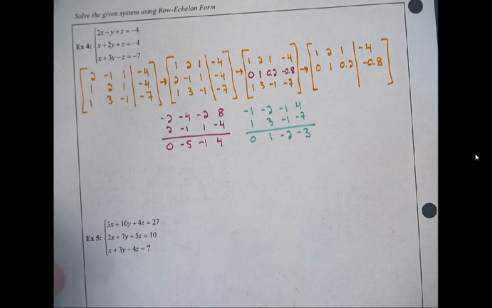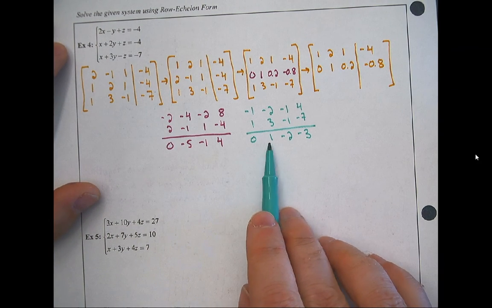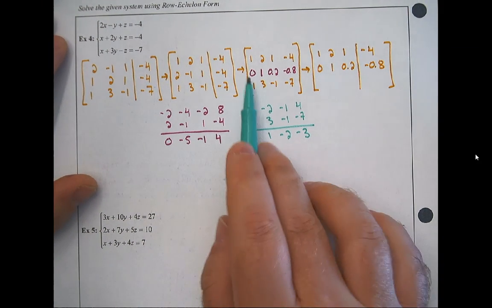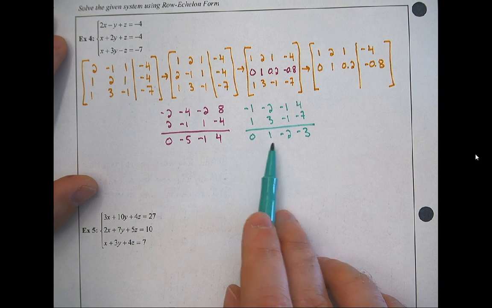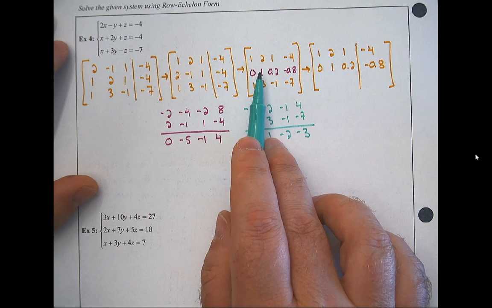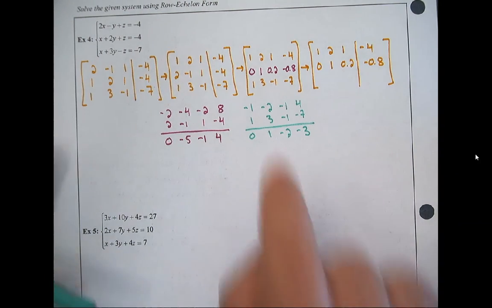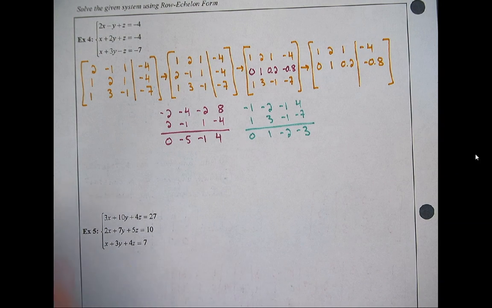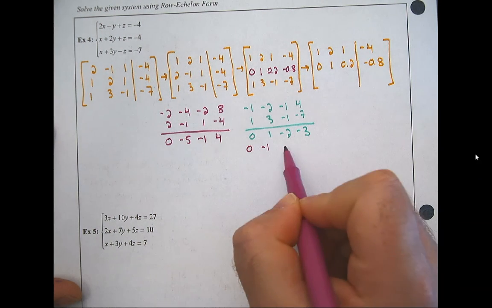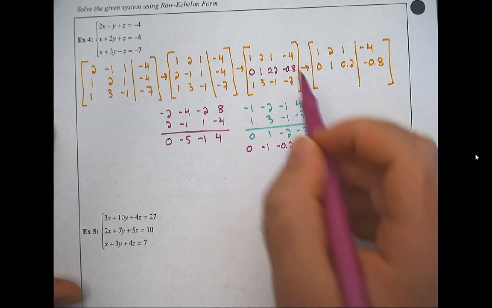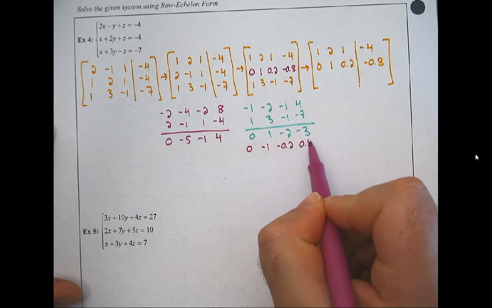Now, I've got to pick one that I can use that will kill off this term. I've already got that in row 2. I've got a 0 and a 1. I want to leave the 0 out front, but I want this to become a -1. So I'm going to multiply that by a negative. So we would get 0, -1, -0.2, and +0.8.